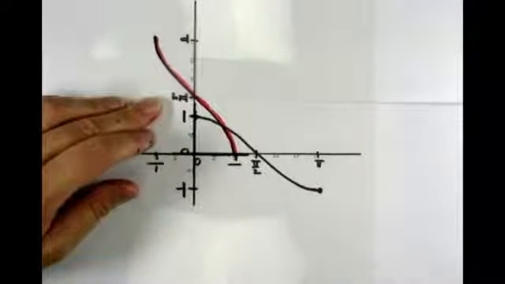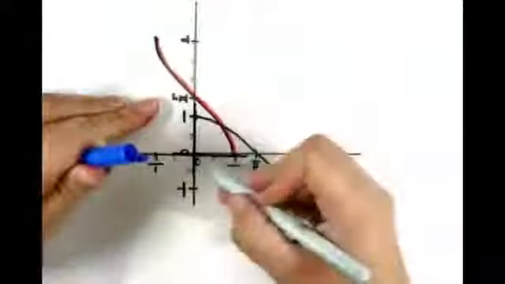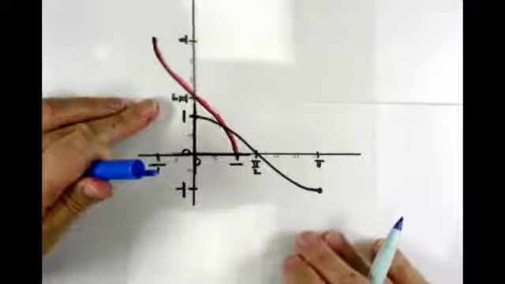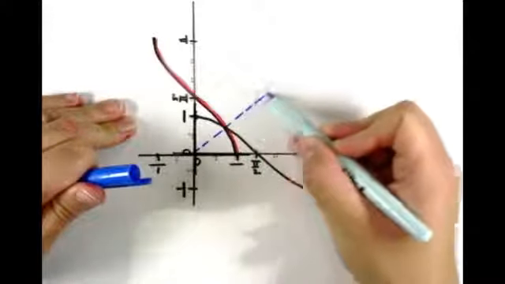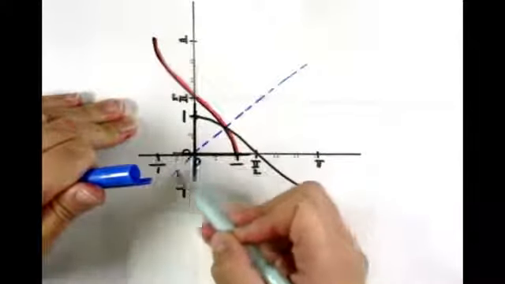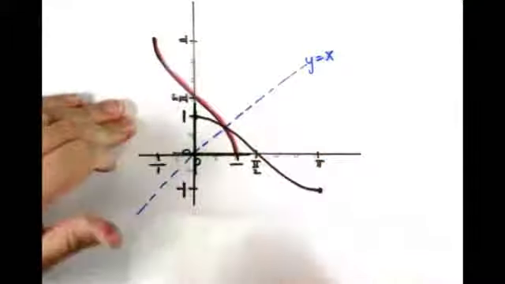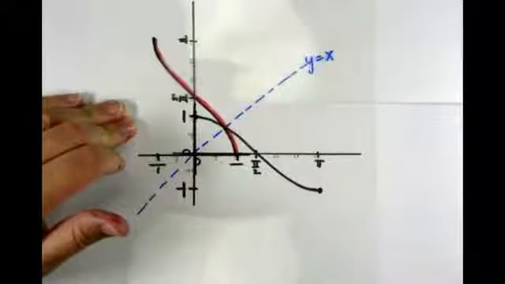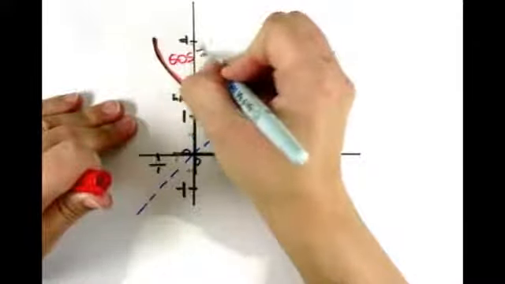And everyone can see that it is indeed reflected by the line y is equal to x. So this graph is cos inverse x.